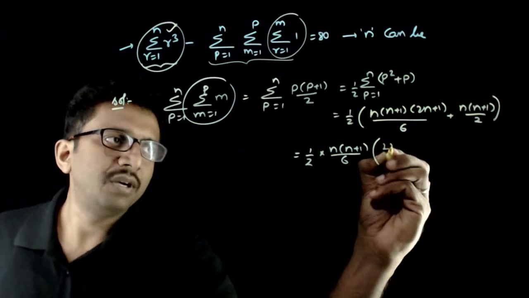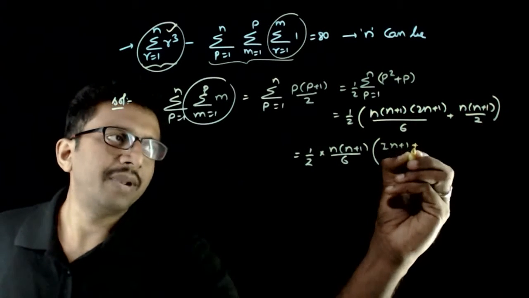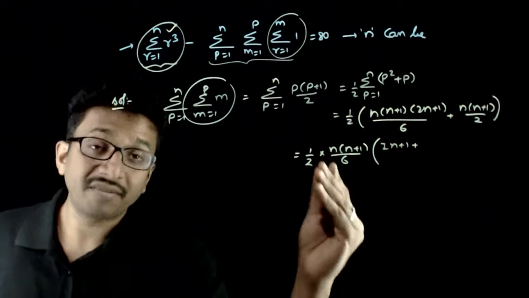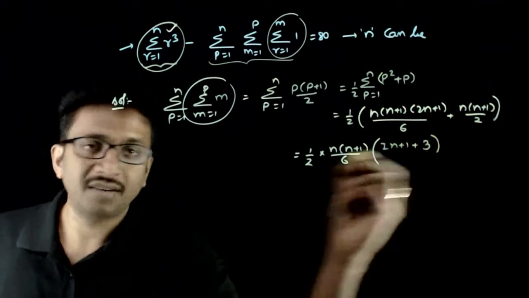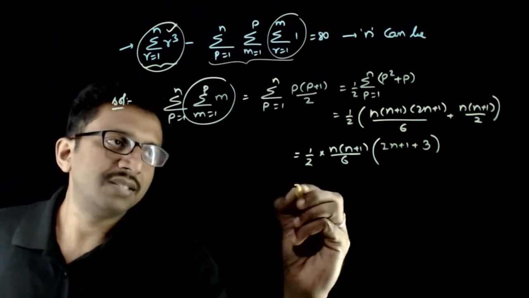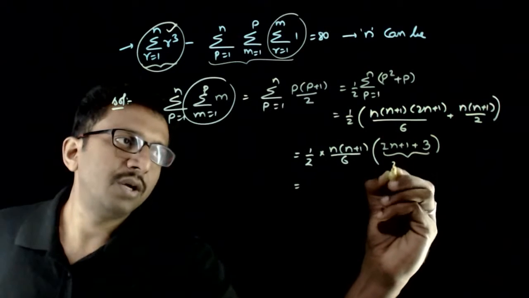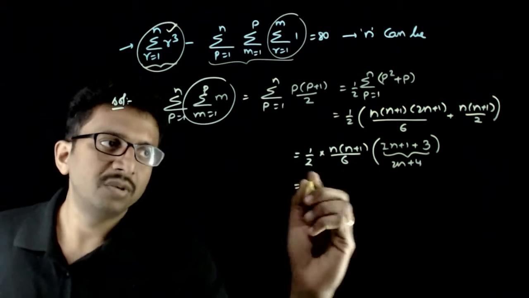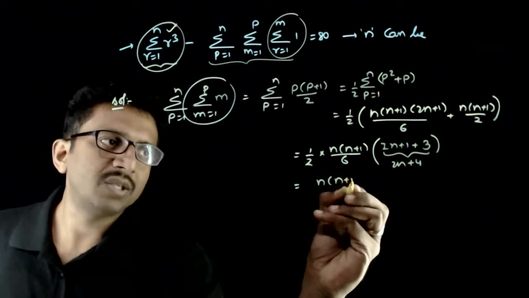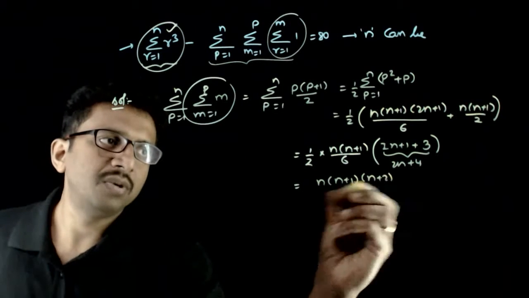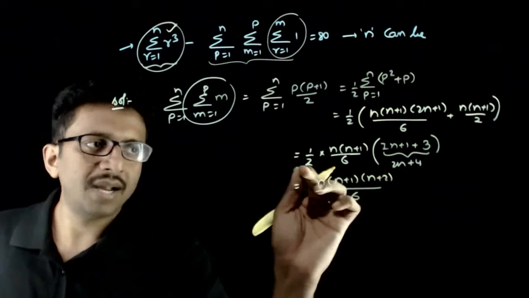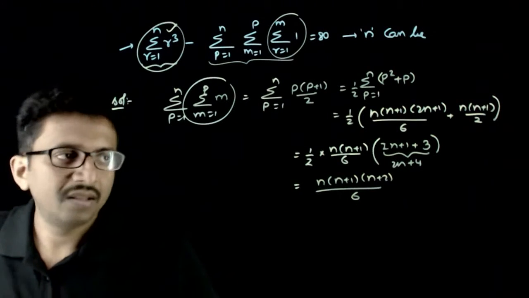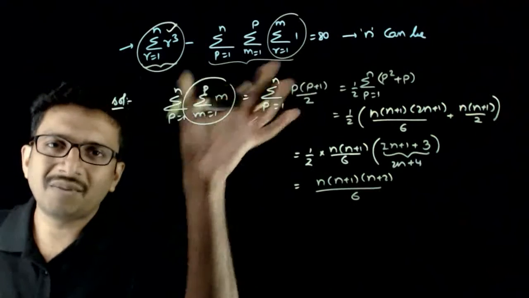So you have 2n plus 1 here plus 3 times n plus 1, since I have taken 6 as common. So that is equal to 2n plus 4. If you take a 2 common, this will become n plus 2. So n into n plus 1 into n plus 2 by 6. This 2 and this 2 get cancelled. So this is my summation.